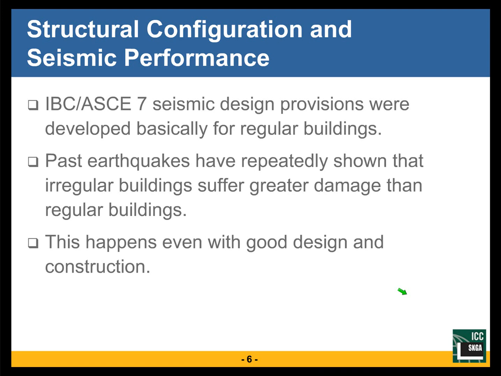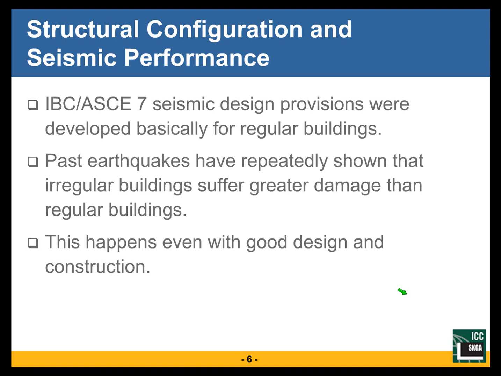So the ASCE 7 seismic design provisions, which have evolved from what we used to have in the Uniform Building Code or the SEAOC Blue Book, were developed basically for regular buildings. There is no question about it.